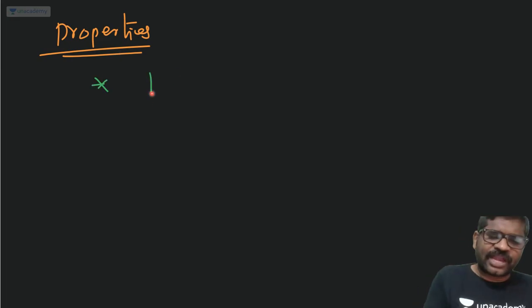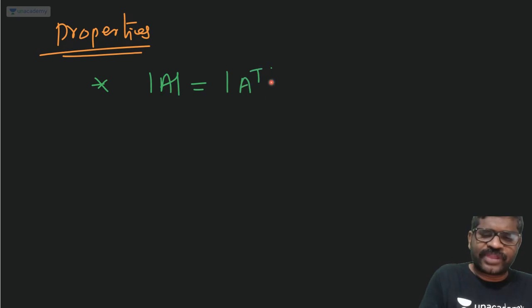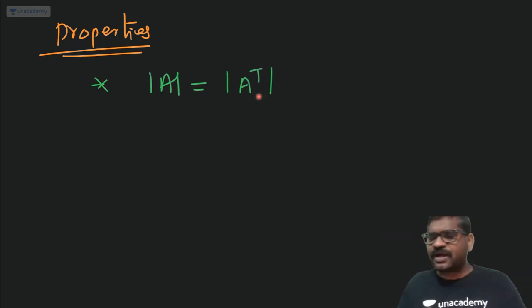The determinant value of A and the determinant value of A transpose are always the same, because I already told you, you can take any row. Choice is yours. I have taken the first column. If you would like to take the last row, you can take.